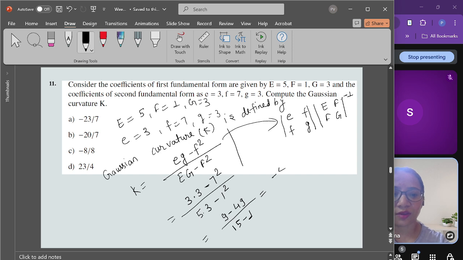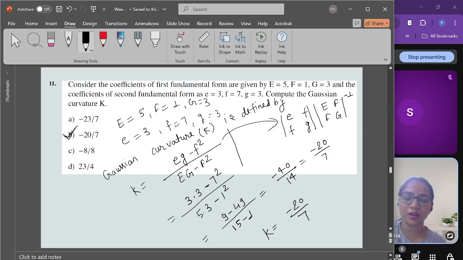So here you will get minus 40 divided by 14. Further dividing, you will get minus 20 by 7. So the Gaussian curvature K is minus 20 by 7. So option B is the correct answer for this question.